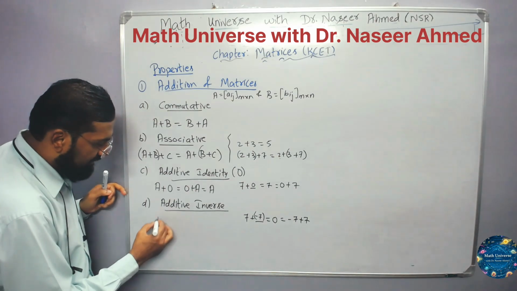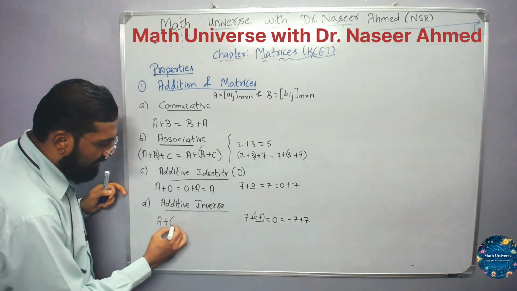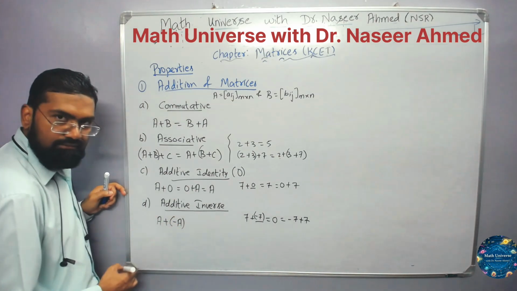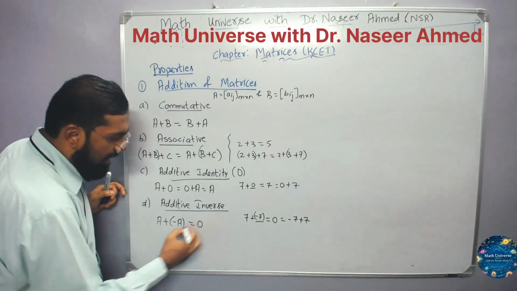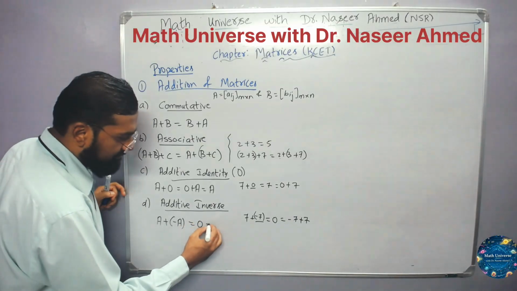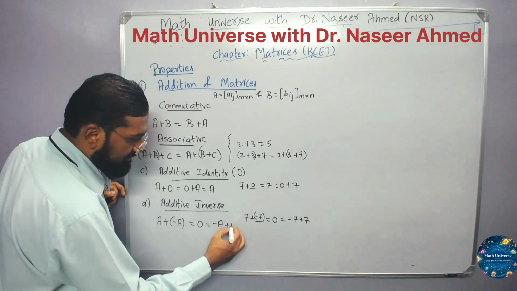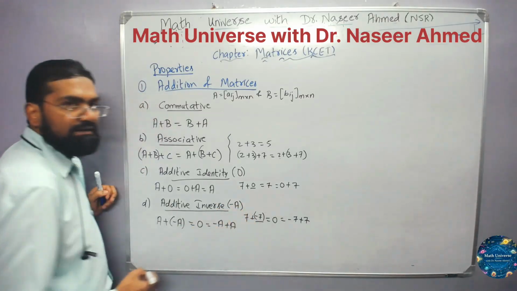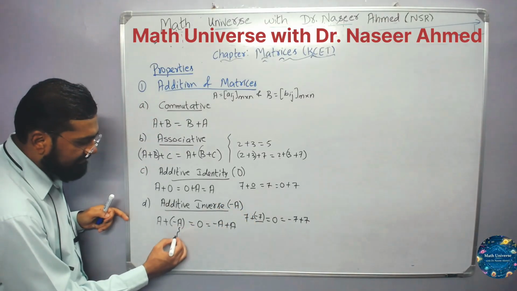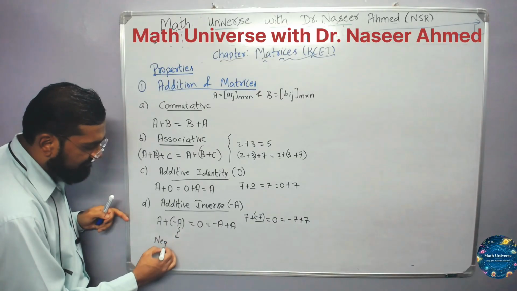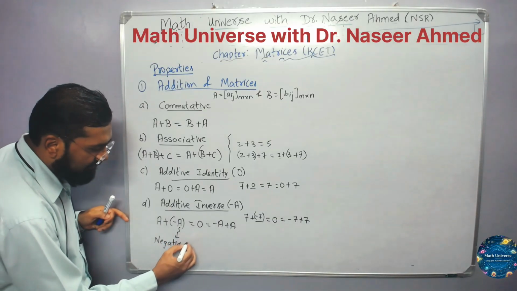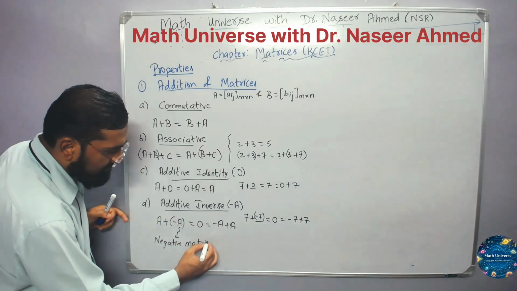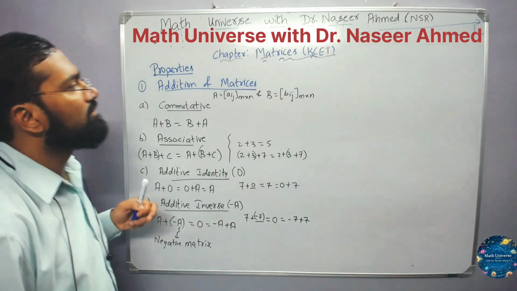So for any matrix A, if I have the negative matrix of A, only then I get the additive identity 0 matrix, the same as minus A plus A. So additive inverse is minus A, the negative matrix. Don't forget what minus A is, the negative matrix. We have already discussed the negative matrix. These are all the properties of addition.